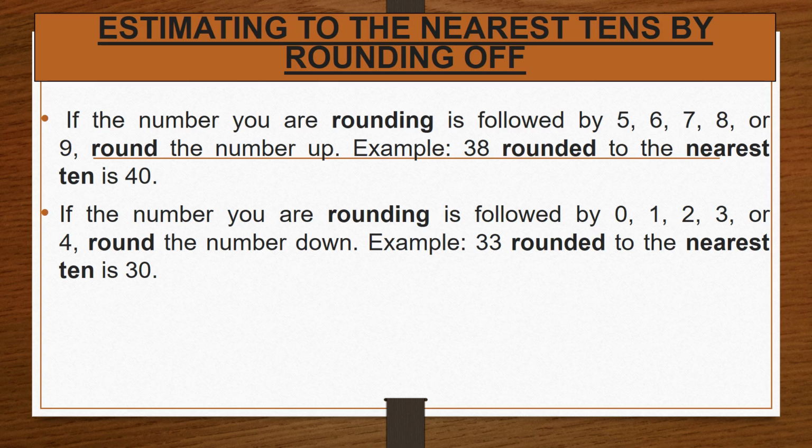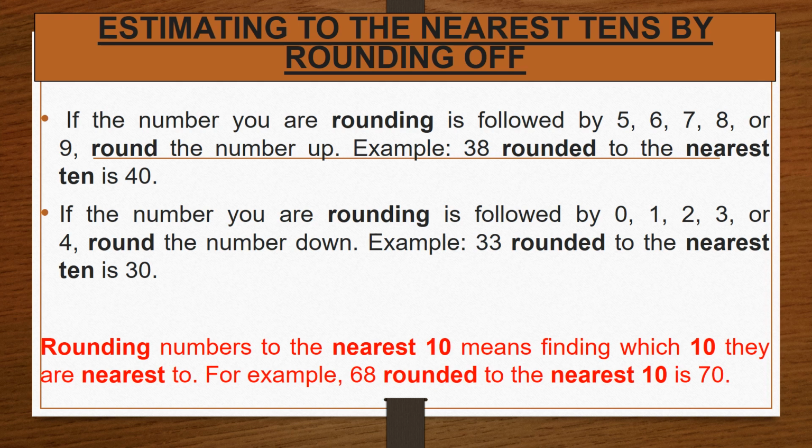So, the number is rounded down. Rounding numbers to the nearest 10 means finding which 10 they are nearest to. For example, 68 rounded to the nearest 10 is 70.